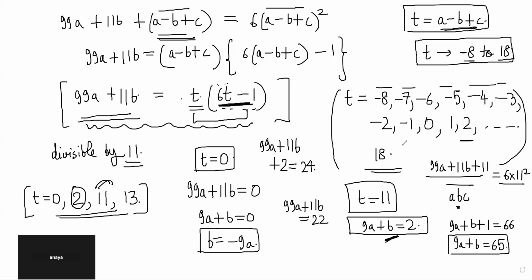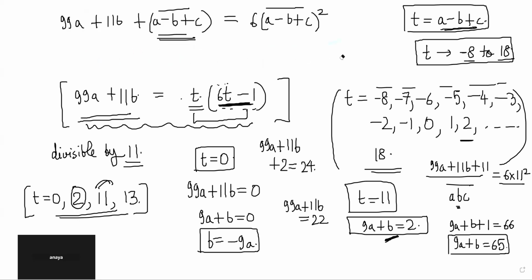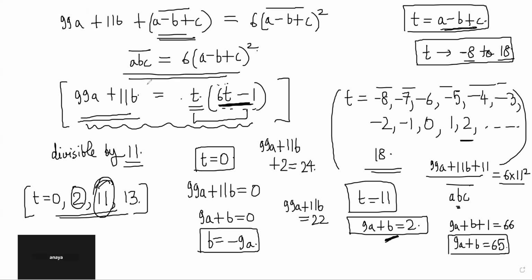Also, remember, don't forget the original equation. The original equation was the number ABC is equal to 6 times this square. So if I put 11 here, I can get the number directly, is equal to 6 into 11 square.